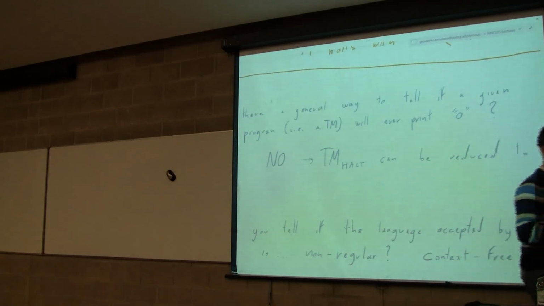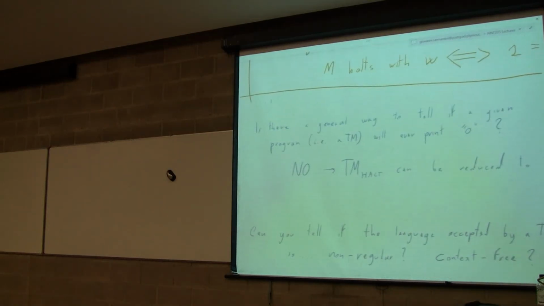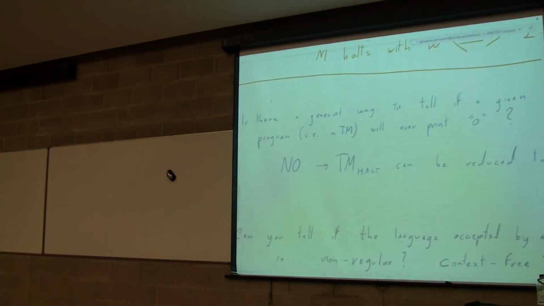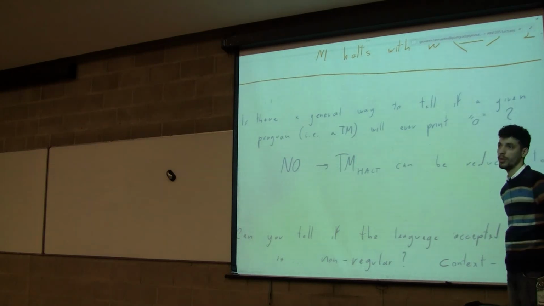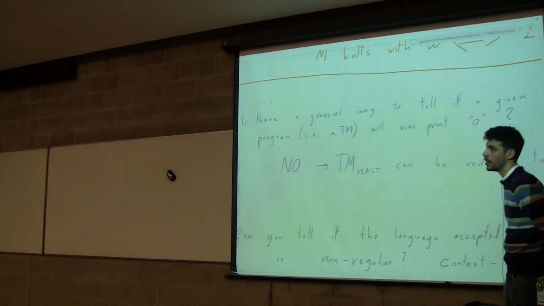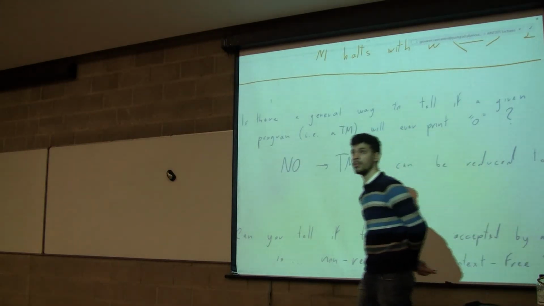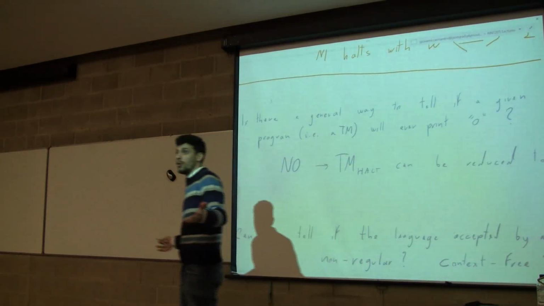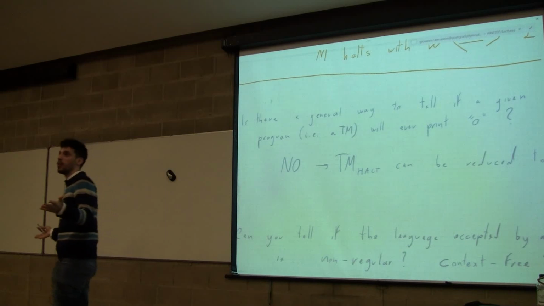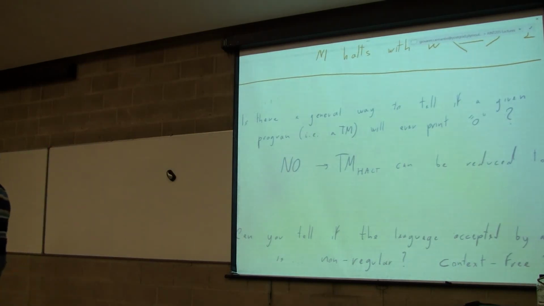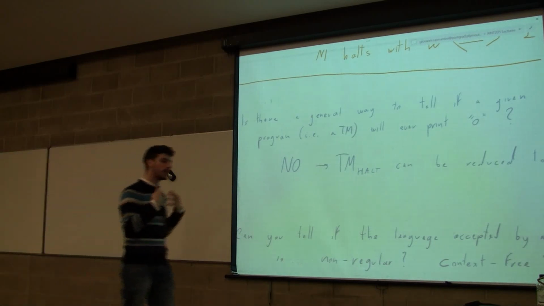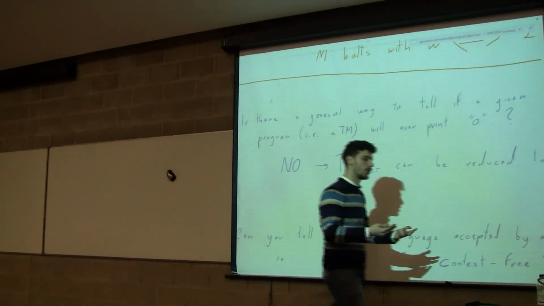So, for example, is there a general way to tell if a given program, a Turing machine, will ever print 0? It looks like a harmless problem, okay? It really looks harmless, but no, you cannot answer this question generally.